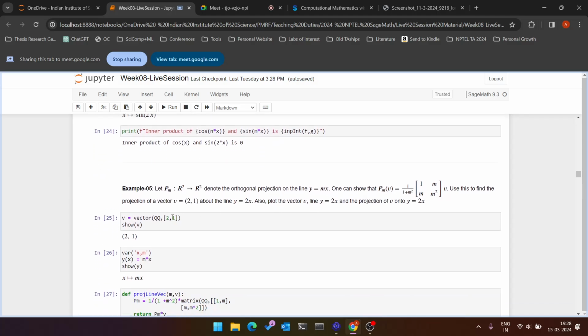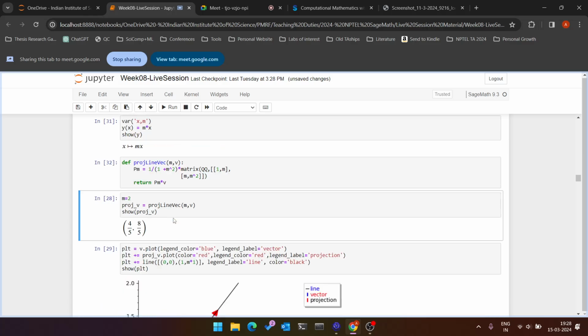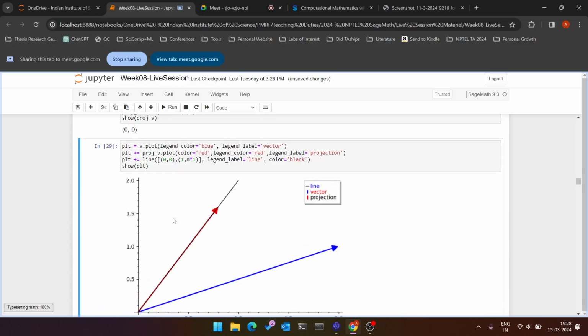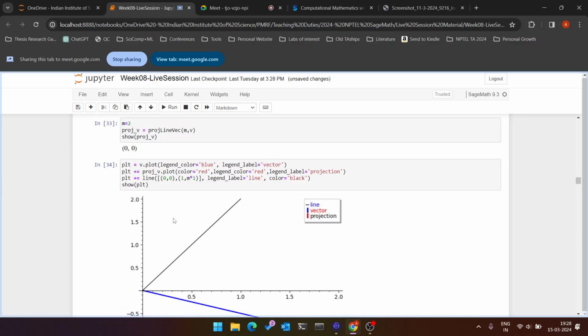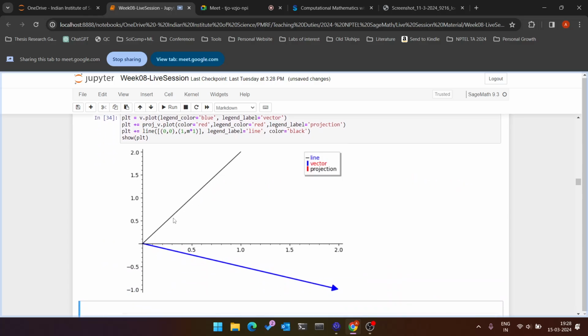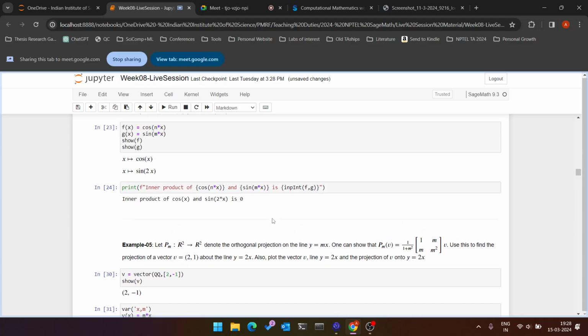If I change this point to say 2 comma minus 1, and go through the whole process again, I'll get a projection of 0. So this basically means that the line and vector are perpendicular to each other.